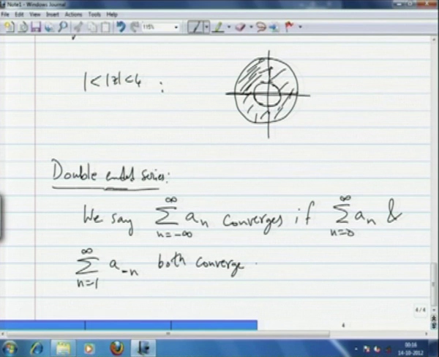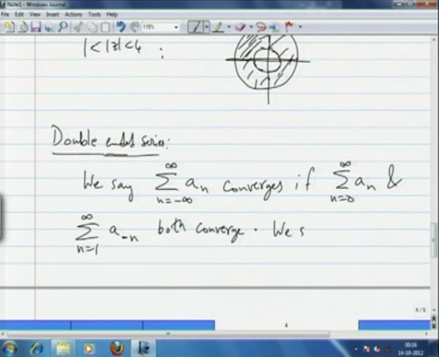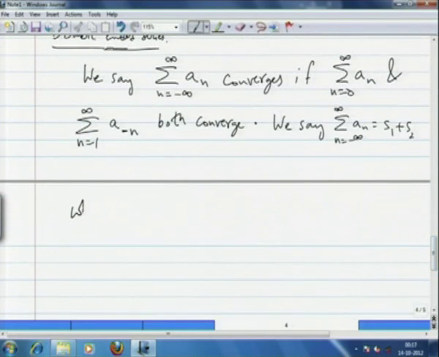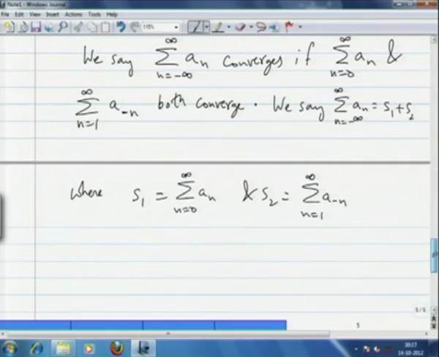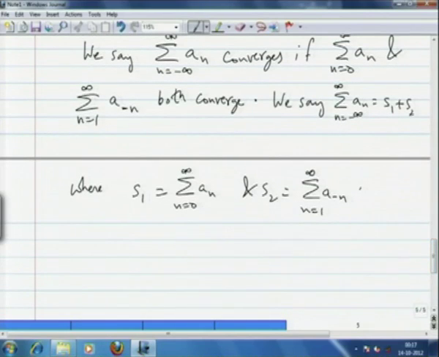Okay. And in this case, what does it converge to? Well, the sum from n equals minus infinity to infinity of a_n is equal to S1 plus S2, where S1 is the sum from n equals 0 to infinity of a_n, and S2 is the other quantity, the sum from n equals 1 to infinity of a_{-n}, which we already supposed converge.